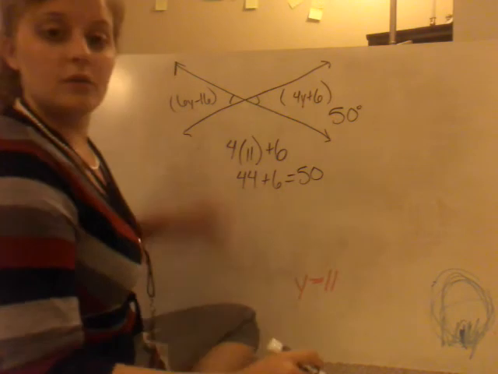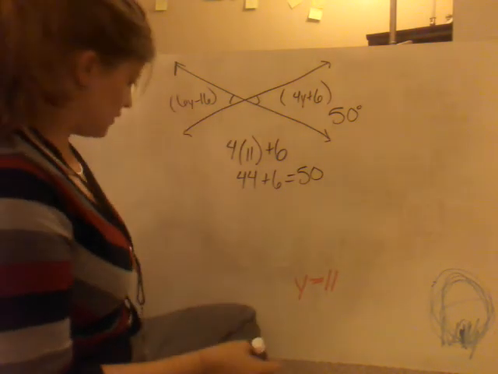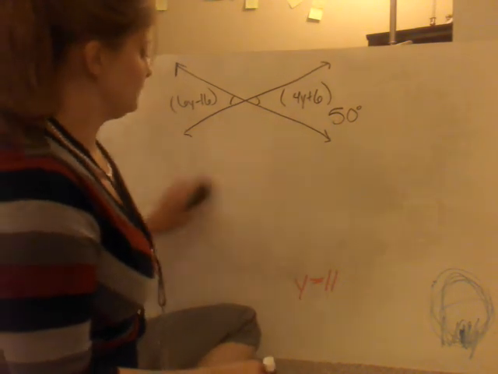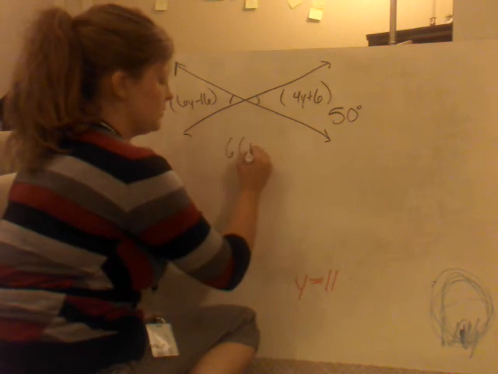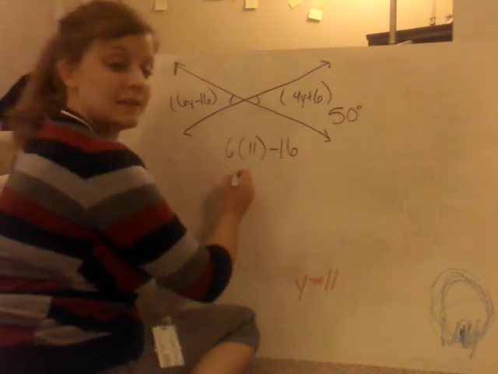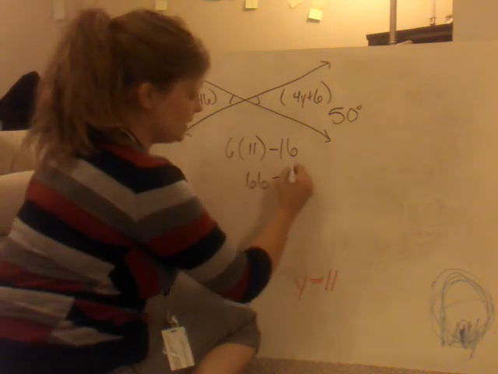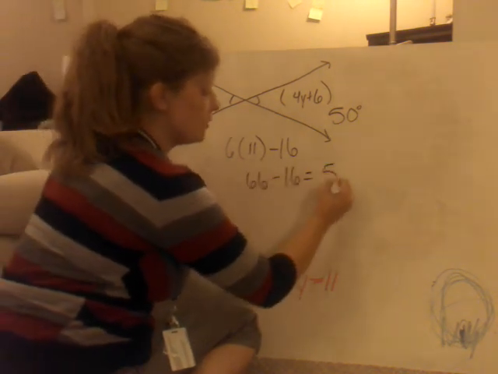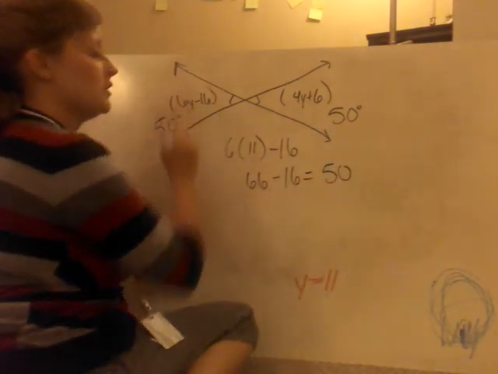Because they're vertical angles, I also know that this side is 50 degrees, but I can double check it with the math just to make sure. So now I'll take 6 times 11 minus 16. 6 times 11 is 66. 66 minus 16 is equal to 50. So I definitely know this side is also 50 degrees.